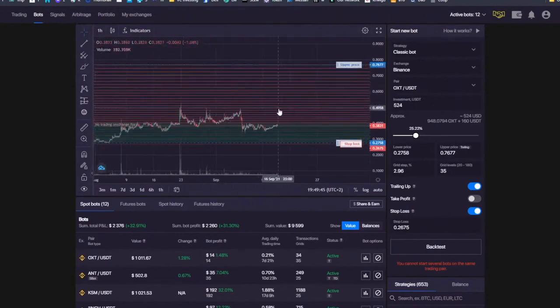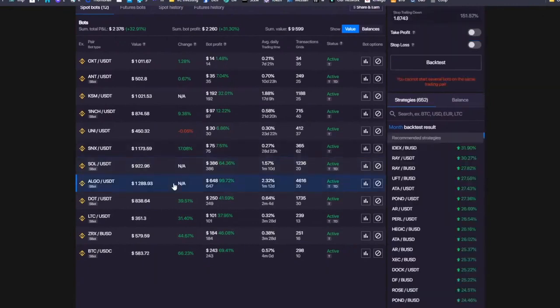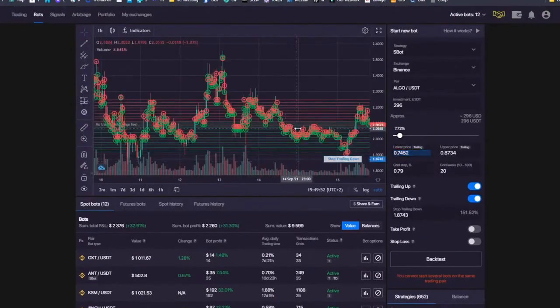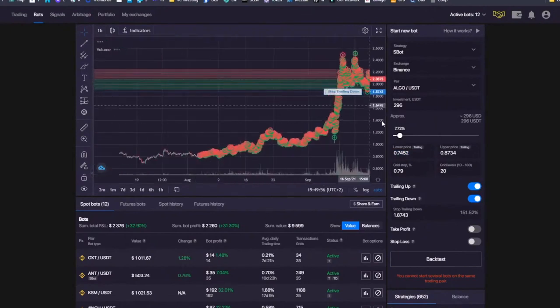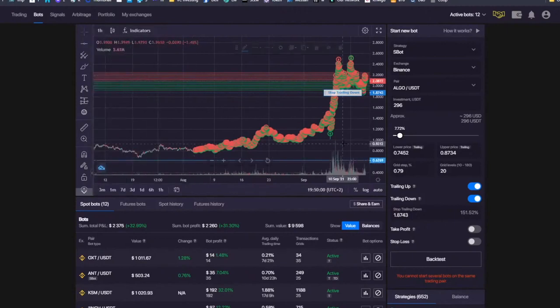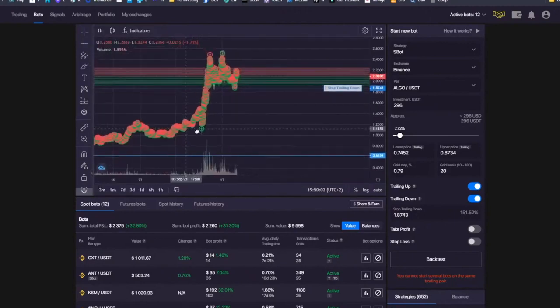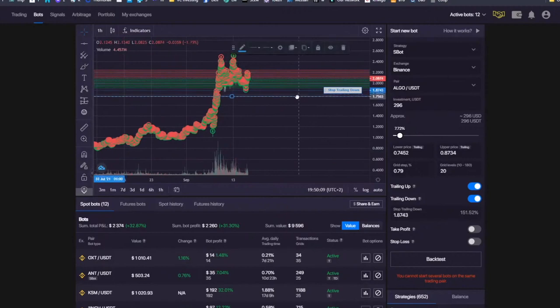So let's check on algo. Yeah, let's go with algo. Initially my stop loss was here, but now because the price has been in a rally and we are now trading over here, the stop loss would be around this area.